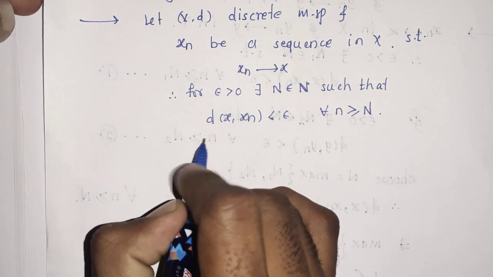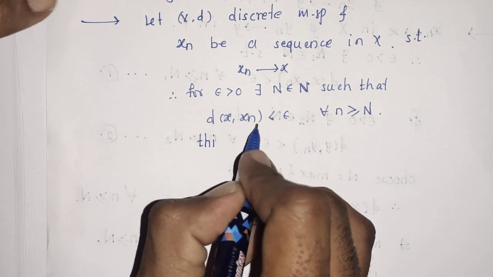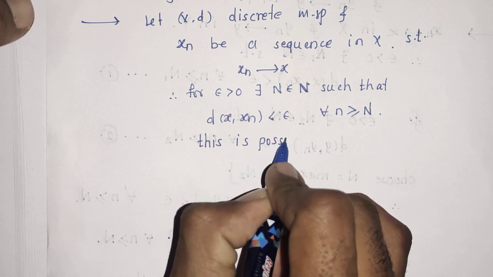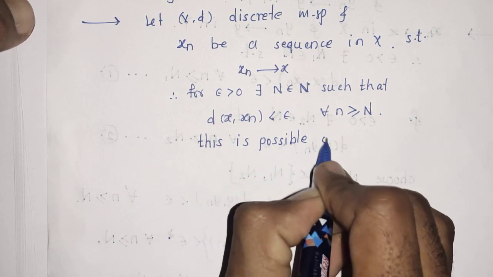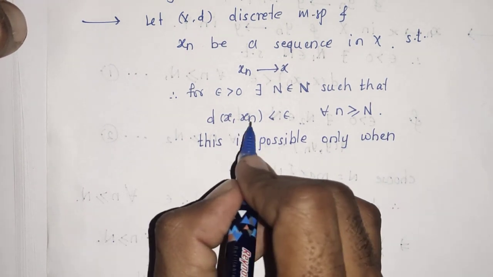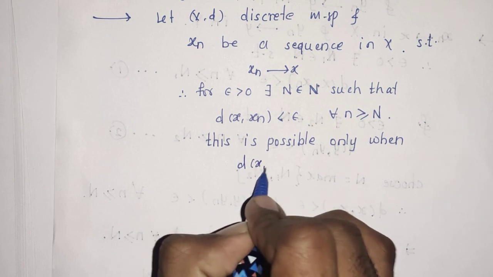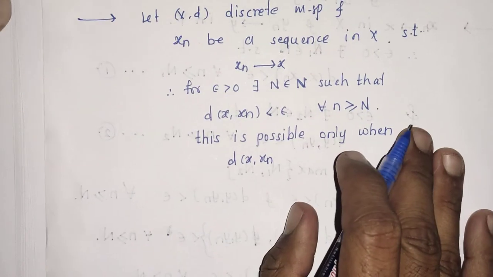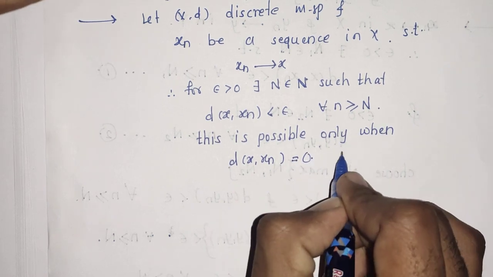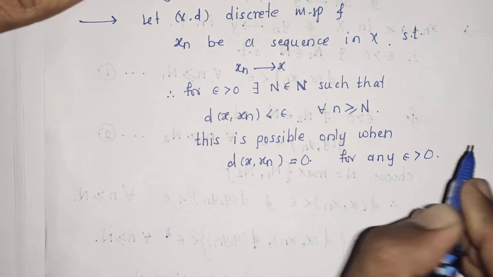So this is possible only when x and xn are equal, only when the distance of x and xn is equal to 0, for any epsilon greater than 0.